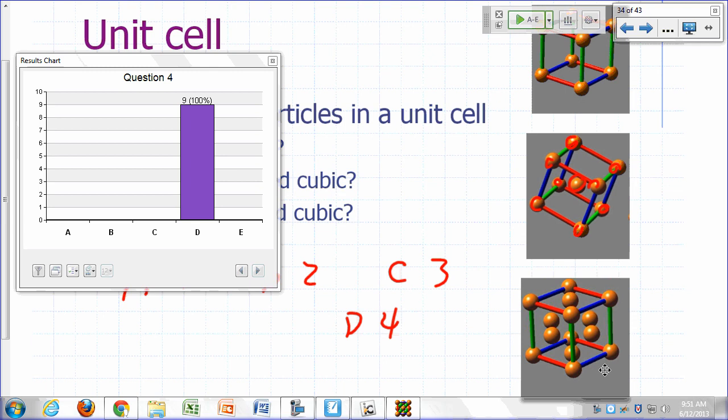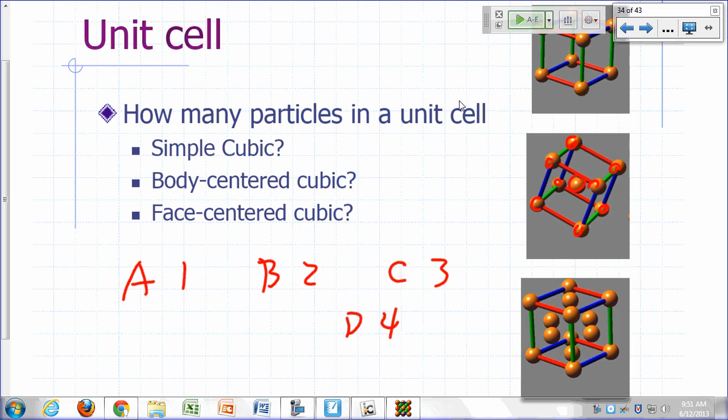The answer is 4. Very good. So that's 1/8 of the 8 corner atoms, that's 1. And then 1/2 of the 6 atoms on the center of the faces, that would be 3. 1 plus 3 would give you 4. Very good. Oops, uh-oh. Here's a freebie. Just click A. I clicked on the wrong button.